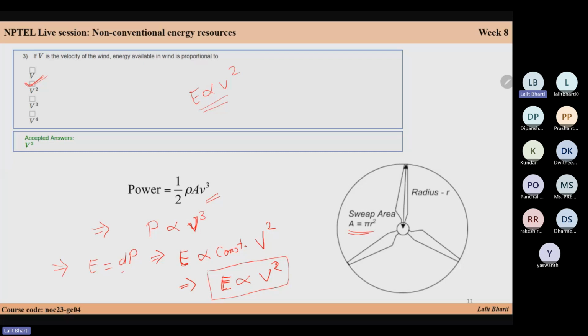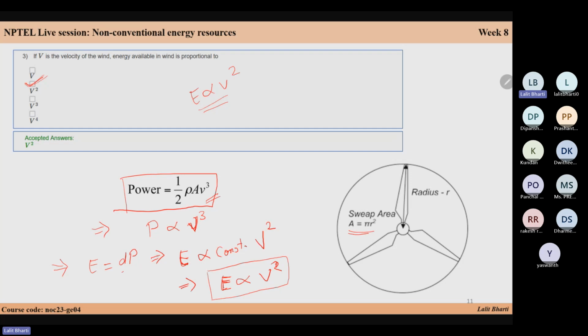Then we get the next question. It says if v is the velocity of wind, energy available to wind power is proportional to what? We have already seen this in our previous question, but we are again just checking it. The formula for power is given by half rho A v cube. So let us see for the maximum power condition.